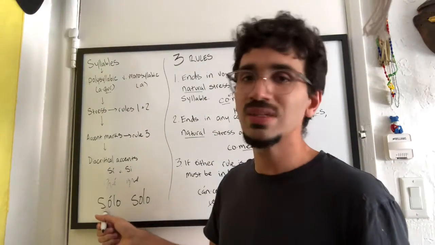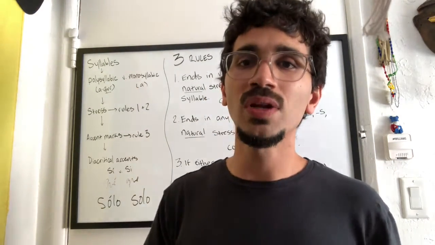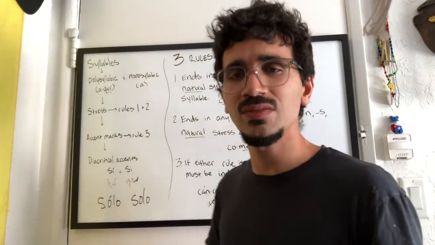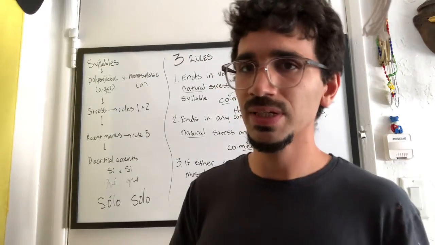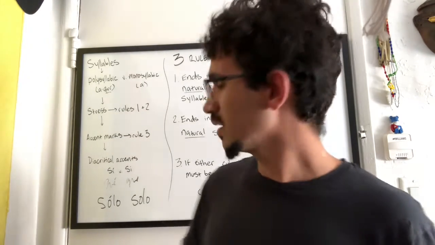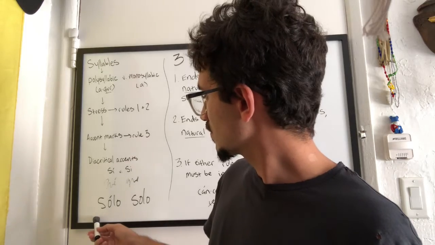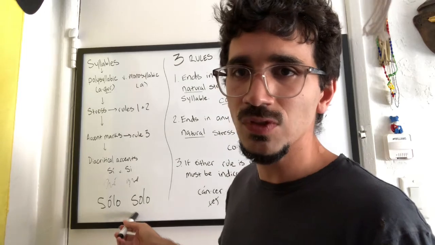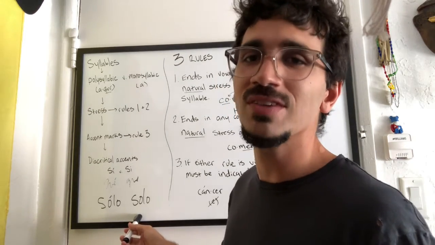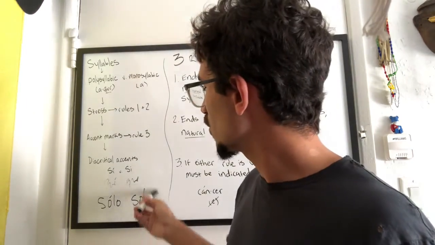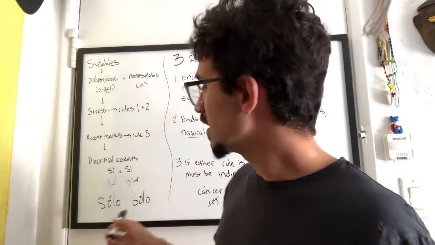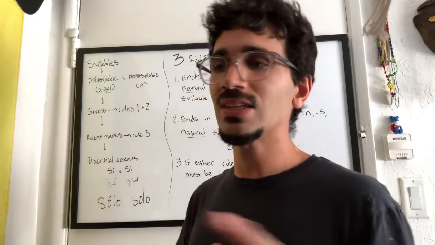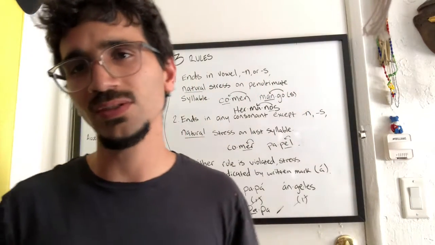So this one, sólo, is like solamente, meaning only. Okay? And this one, solo, is an adjective, means alone, by itself. So there's a difference between saying, okay, if you said vivo solo using this word, it would mean I live alone. If you used it this way and you said sólo vivo, it would mean I only live, as in I do nothing else but live. Okay, so they're just different words.